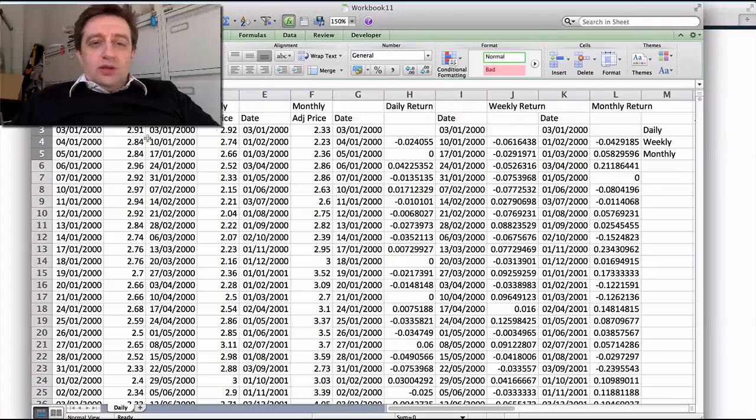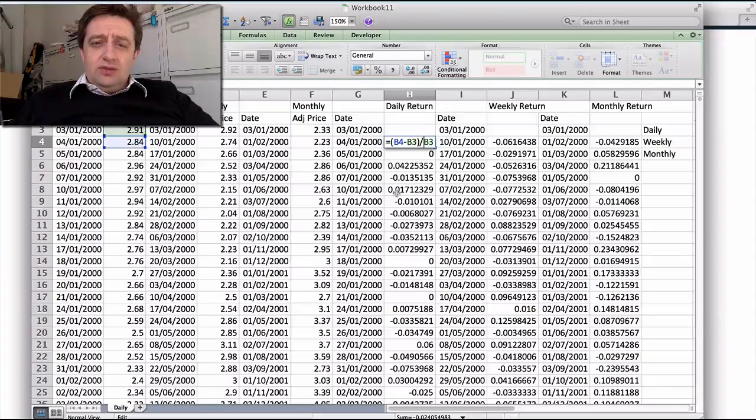Now, from the price data, I then calculate the returns. If you look at how I did the returns, for the daily, it's just price at time 1 minus price at time 0 divided by the price at time 0. And we do that for every single price observation. You can see here that we've got daily returns.